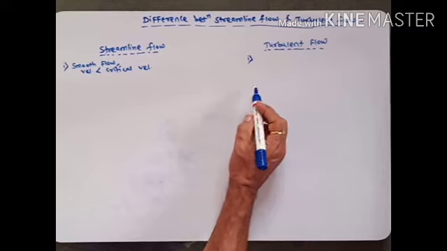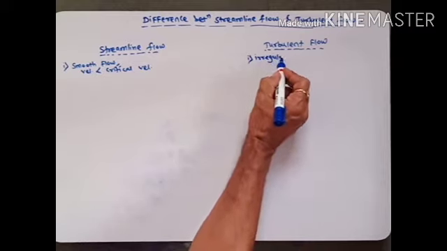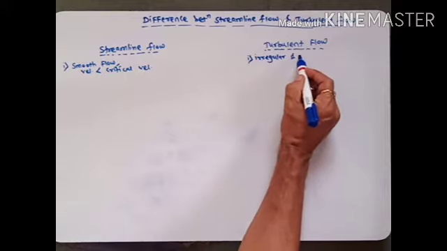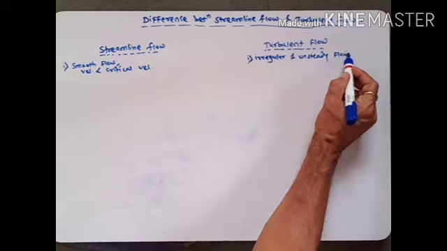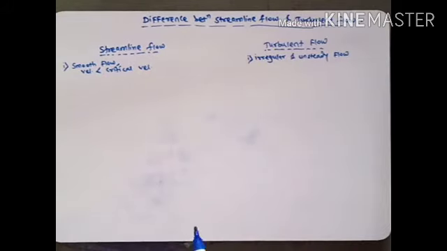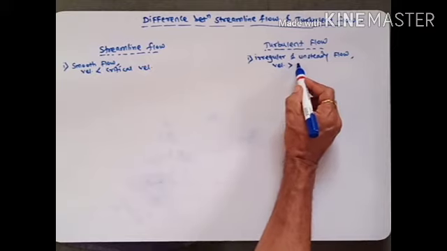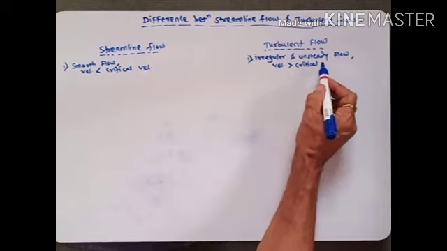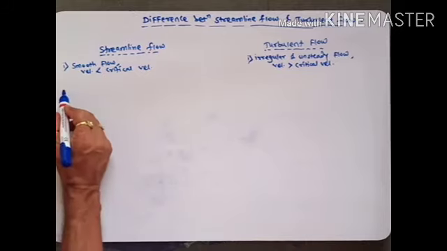In turbulent flow, first point, irregular and unsteady flow with velocity greater than critical velocity. This is the first distinguishing point.